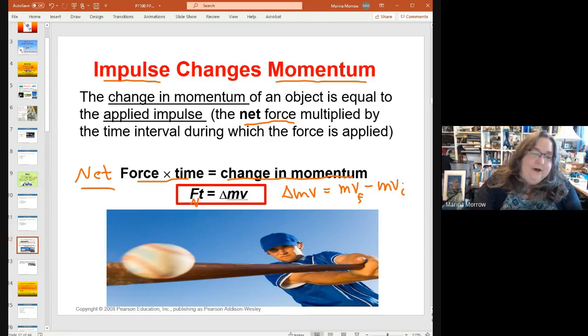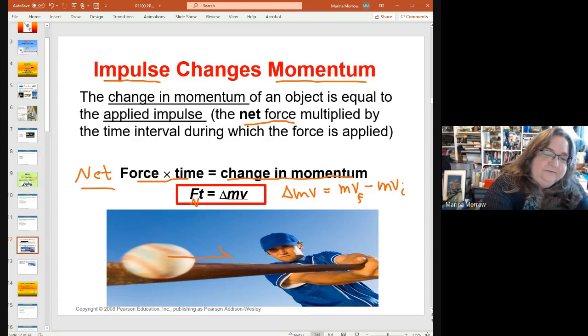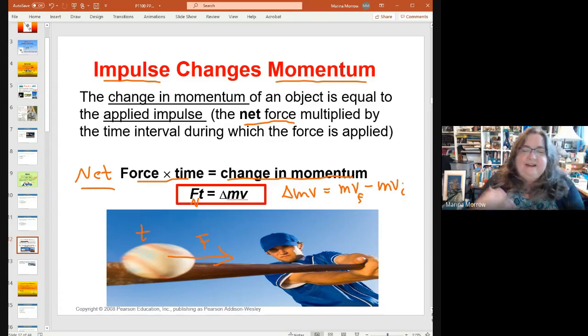Now, in baseball, this is where your coach says follow through. Again, the baseball bat remains in contact with the ball, and it applies that force for a certain amount of time. And so because of that, you're going to get a change in the momentum of that ball.